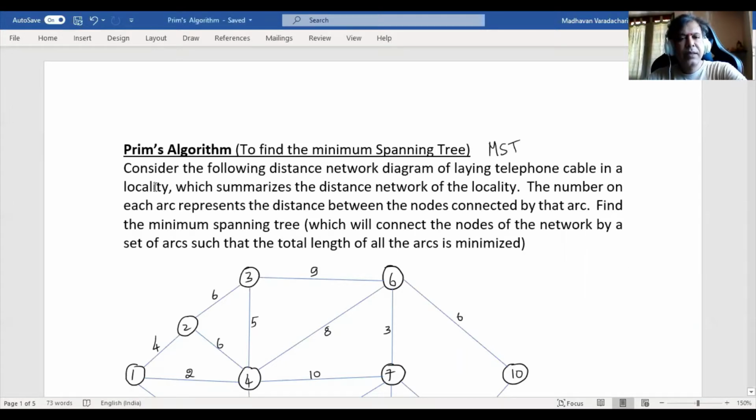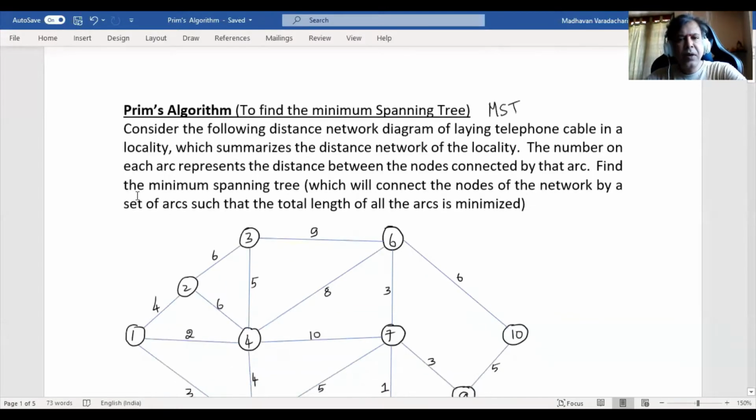The example says, consider the following distance network diagram, which means the weights given on the arcs, 4, 6, 5, 6, these are all distances of laying telephone cable in a locality, which summarizes the distance network of the locality.